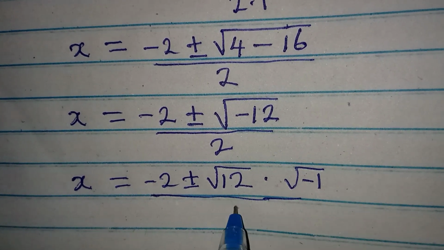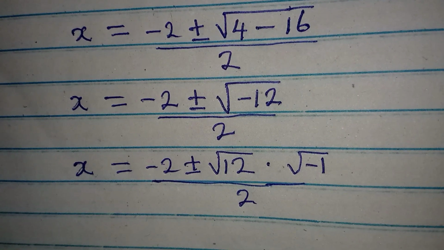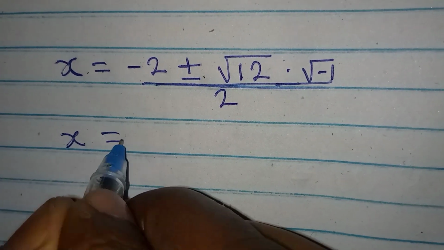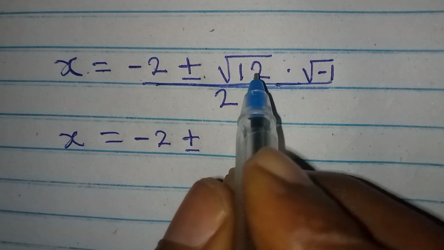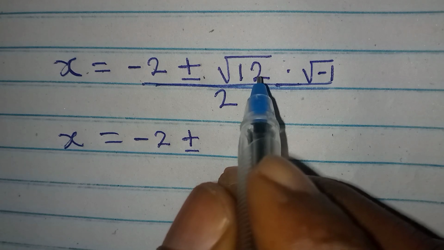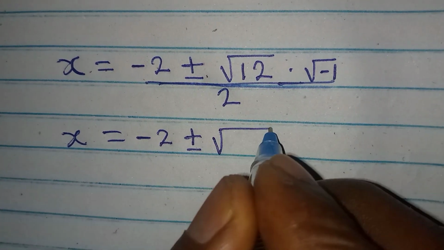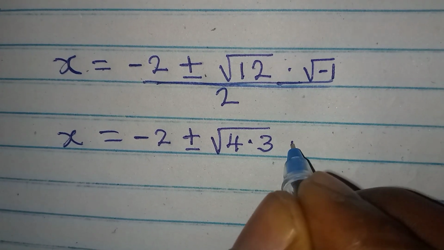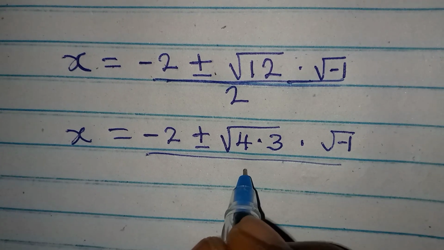Okay, this is all over 2. Now let us continue. So from here we have x to be equal to minus 2 plus or minus, this square root of 12 can be simplified. So we have square root of 4 times 3, then multiply by square root of negative 1, all of this over 2.